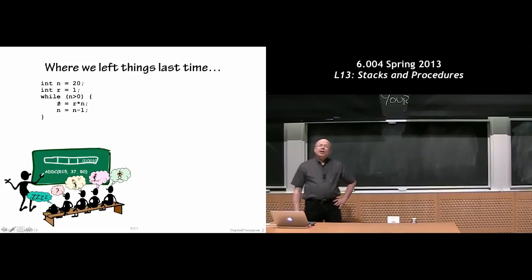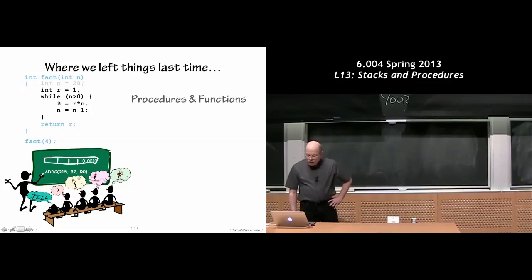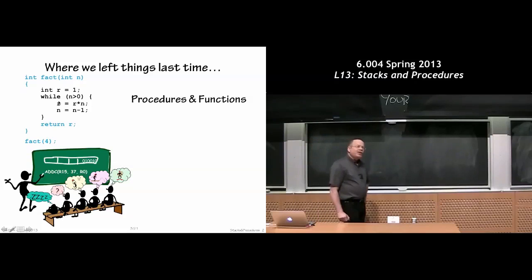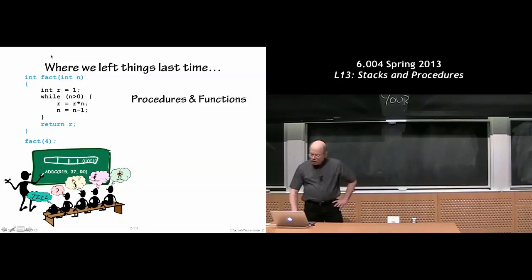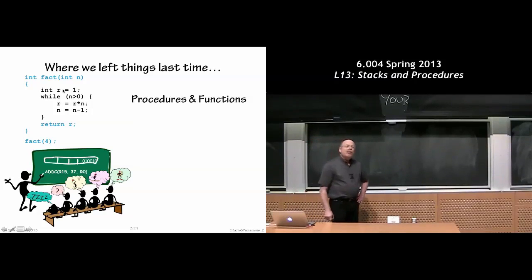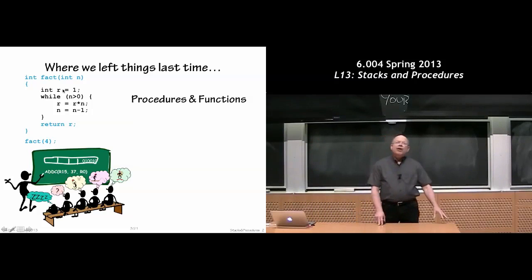One thing we don't know how to do, and that's really the topic for today, is if we turn things into procedures. In this case what I've done is rewrite the little iterative factorial loop that we had into a factorial procedure. We'll want to think about what our conventions are for assembling that.